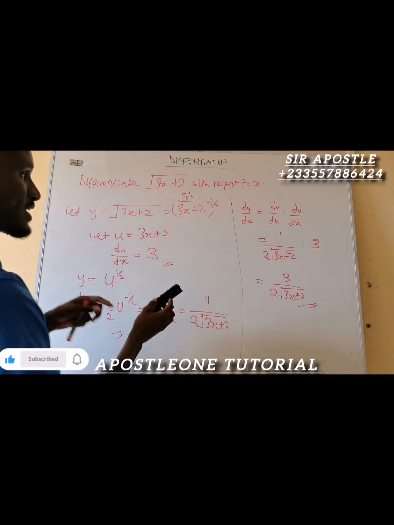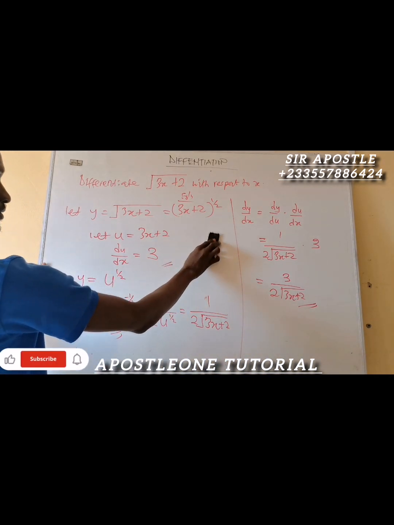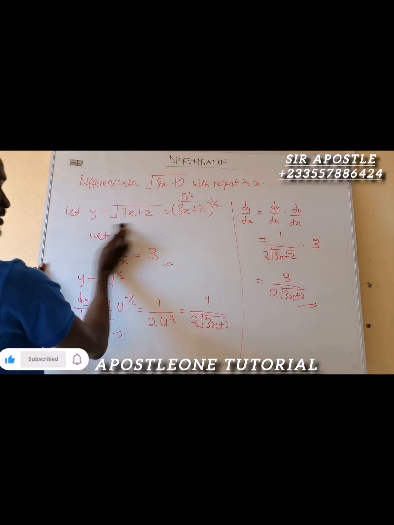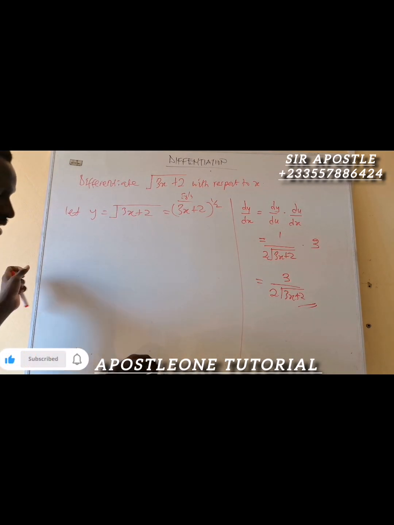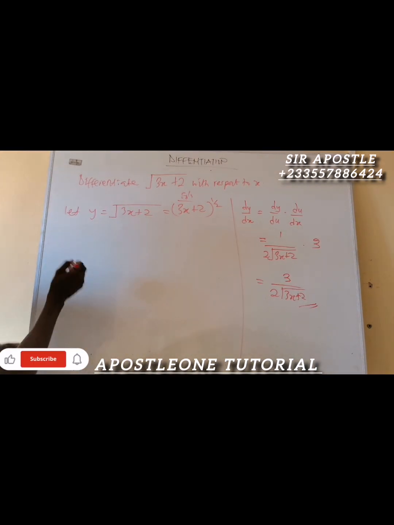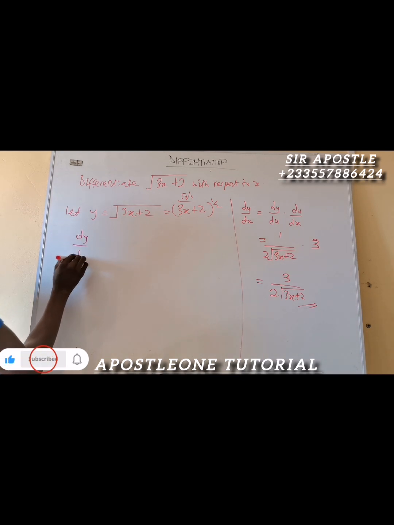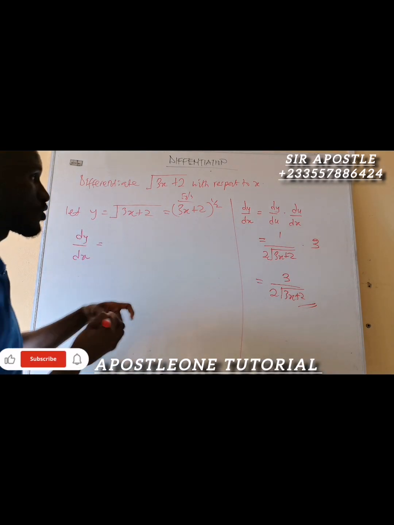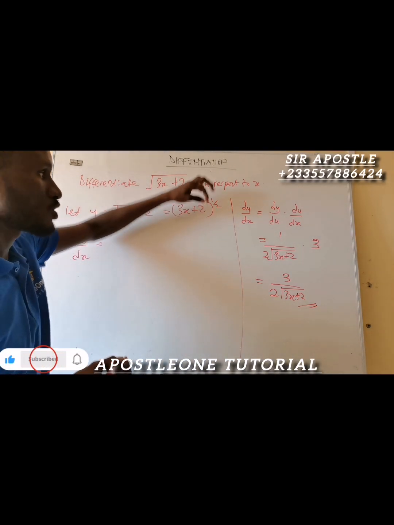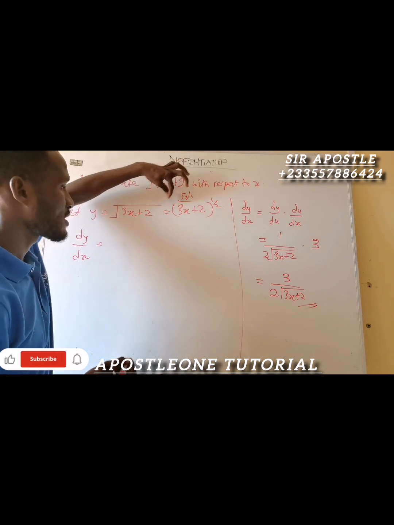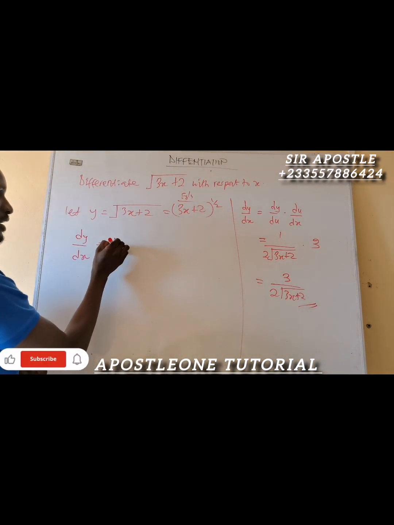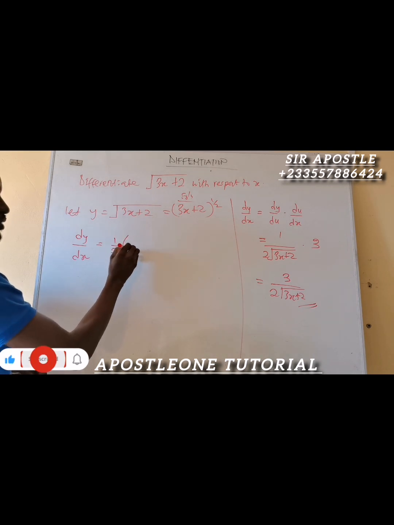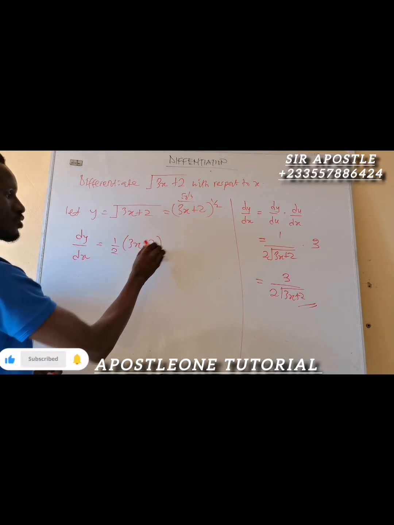Now, let me use the direct method. For the direct method, we said that we can just solve for dy over dx directly. We differentiate the whole thing first. So first, you multiply the exponent by the coefficient. Here it is 1, so we get 1 out of 2 multiplying 3x plus 2.